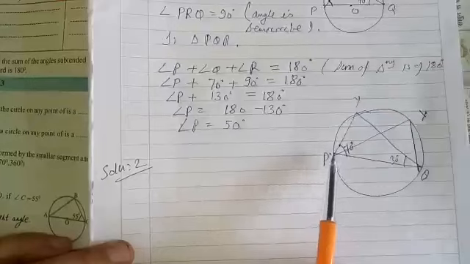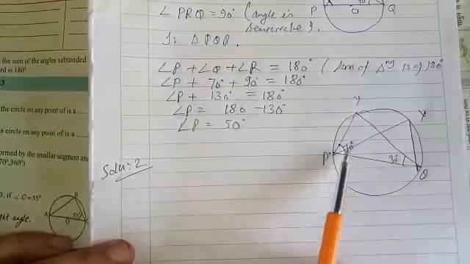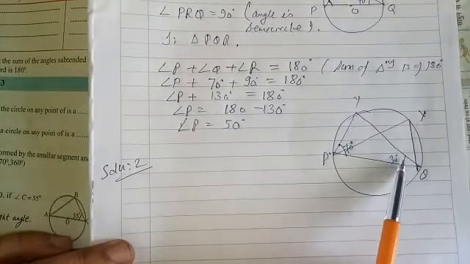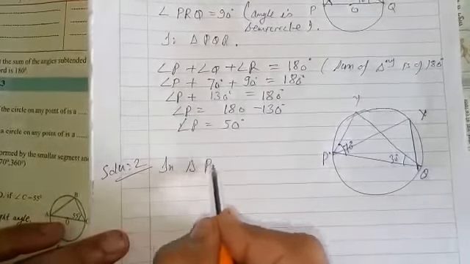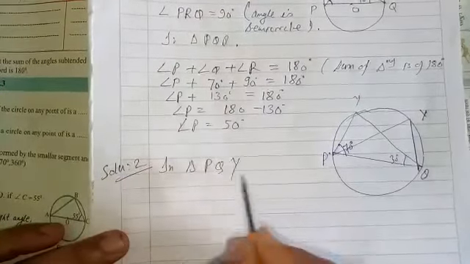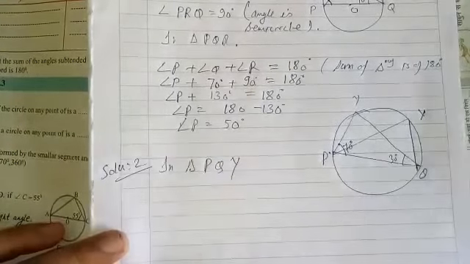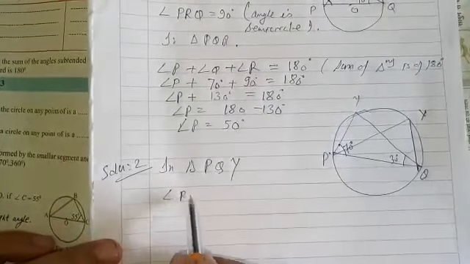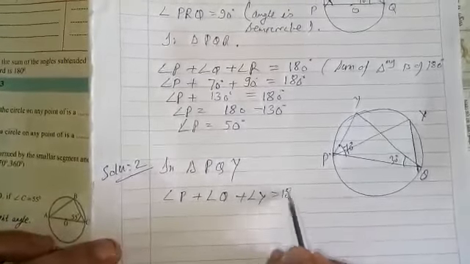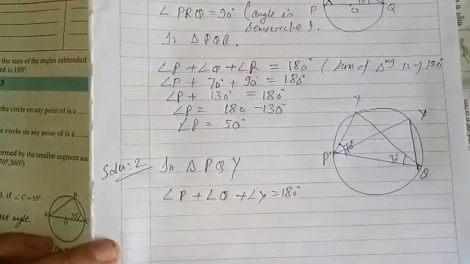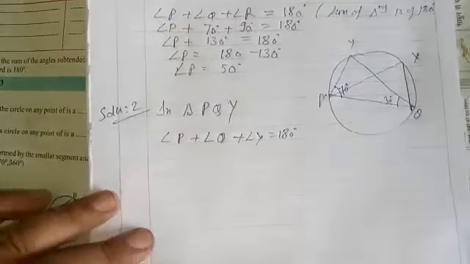How? This drawing is given, angle P and angle PQY, it is 30 degrees. Which triangle we are solving? In triangle PQY. PQY we will solve first. Angle P plus angle Q plus angle Y equals 180 degrees. Same reason you have to write, sum of triangle is 180 degrees.